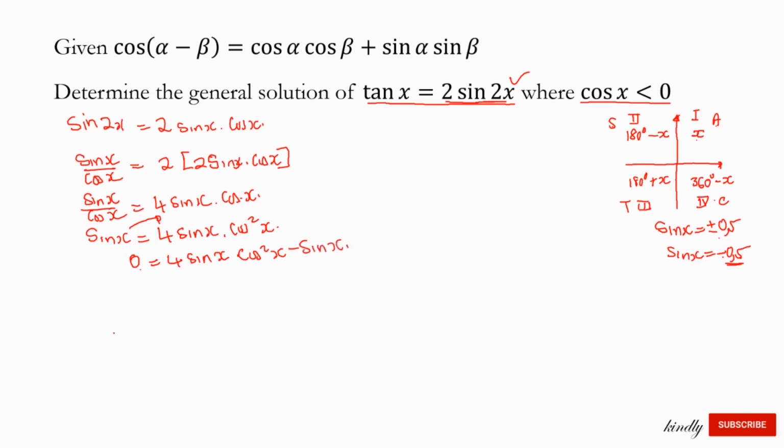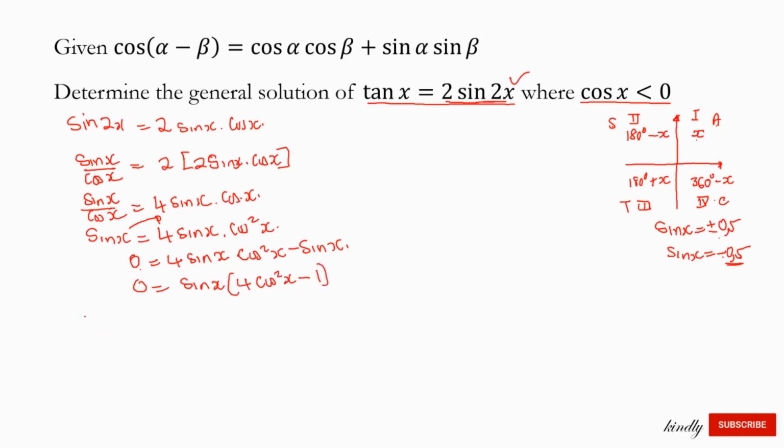Do we have a common factor? The highest common factor, yes, we have: sine x. So we can factor out sine x here, and then we have 4 cos squared x minus 1.